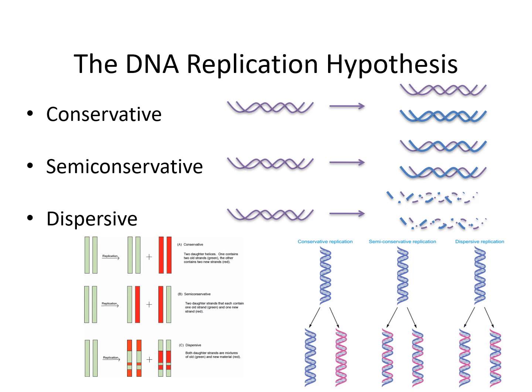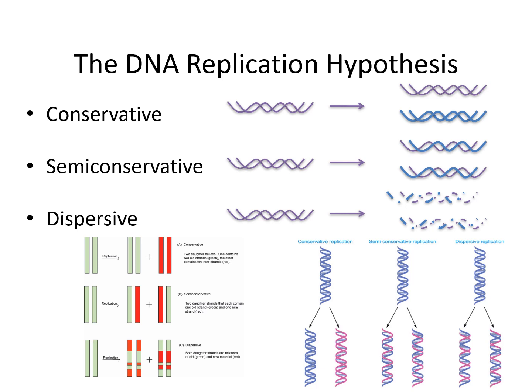For the replication, there were 3 different replication hypotheses in the early days. The first one is called conservative replication. For the conservative replication, that means after the replication, the 2 parental strands still stay together, and then we have another double helix of the newly synthesized DNA.